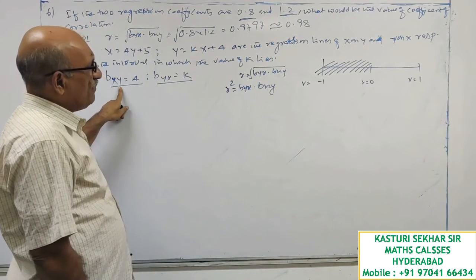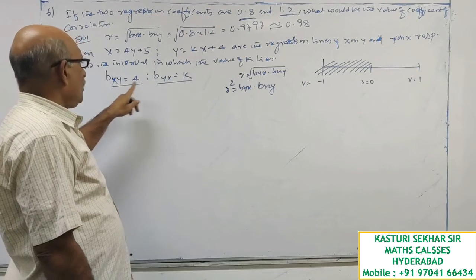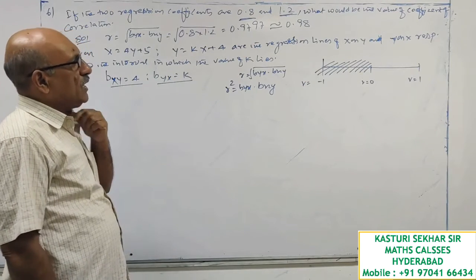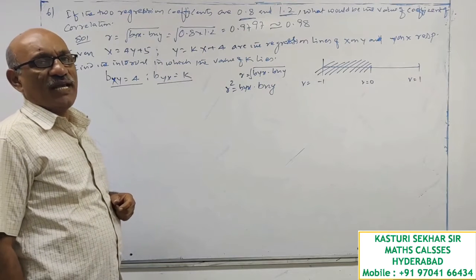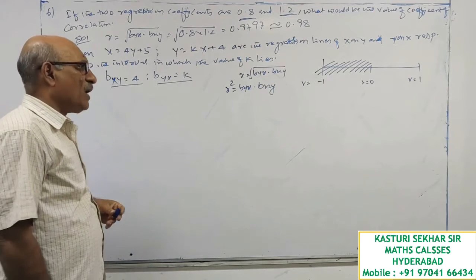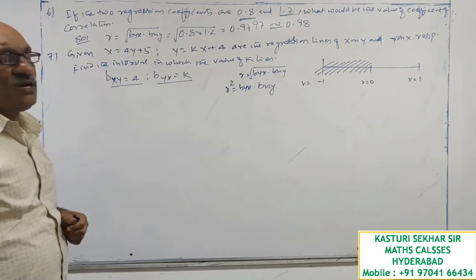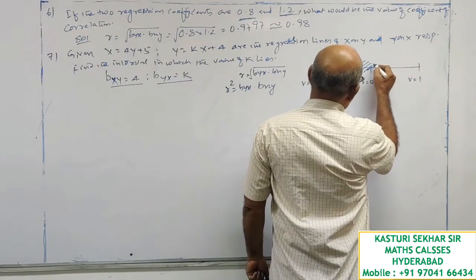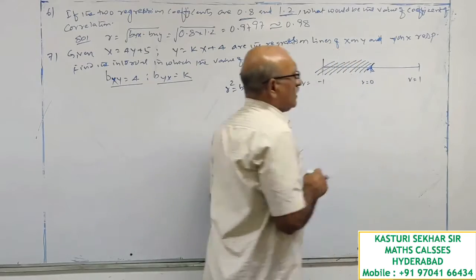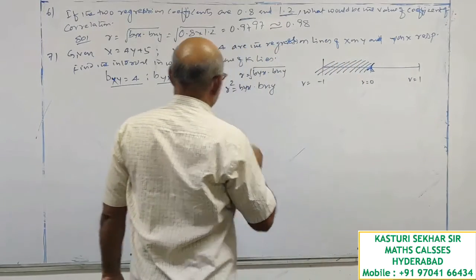Bxy is already given as 4, so byx would be 0. But here you have to find the interval in which the value of k lies. Therefore 0 is also not allowed, so I am excluding 0.